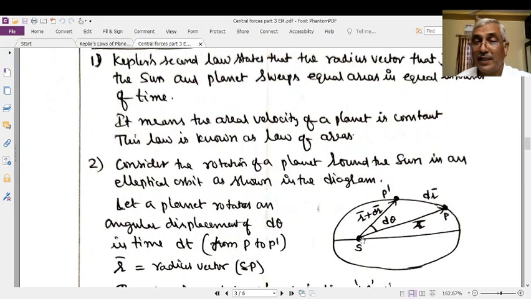Earth or any planet rotates around the sun in its elliptical orbit so that its rotational velocity is less when it is farthest from the sun, and its rotational velocity is maximum when it is nearest to the sun, so that the line joining the sun and the planet will sweep equal area.